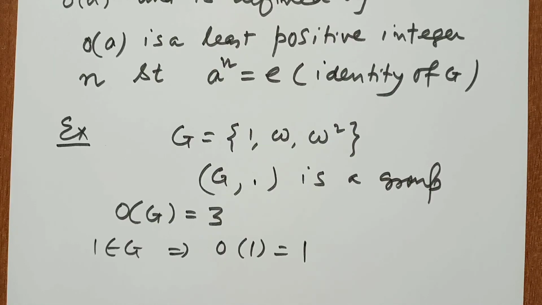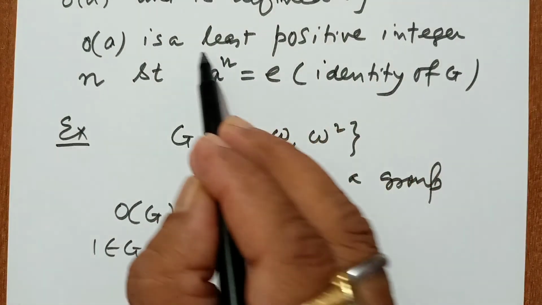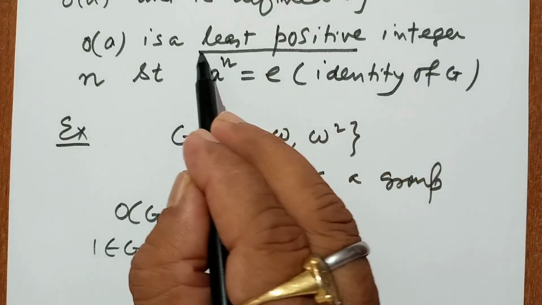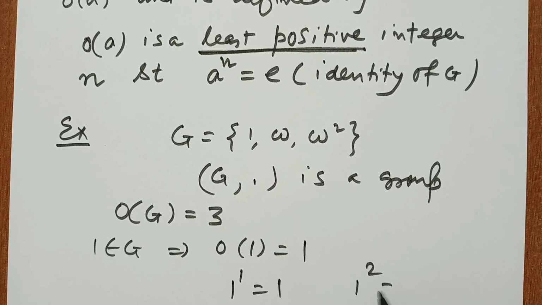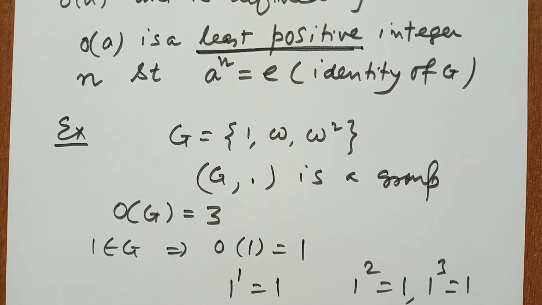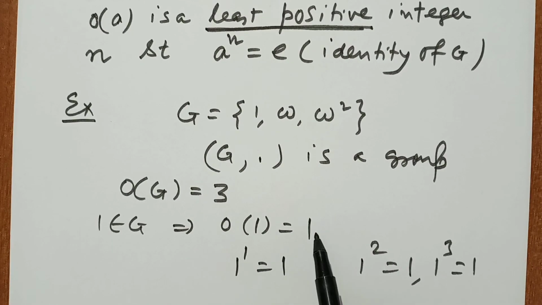You put 1 to the power 1, and we get the identity element. Also, 1 to the power 2 is also 1, and 1 to the power 3 is also 1, but we need the least positive integer. So the order of 1 is equal to 1.